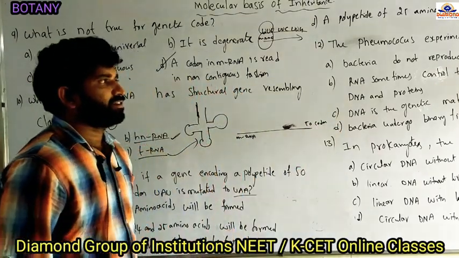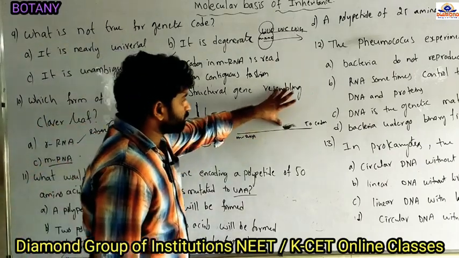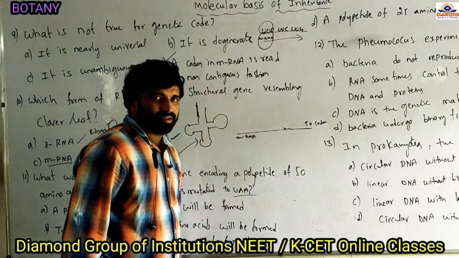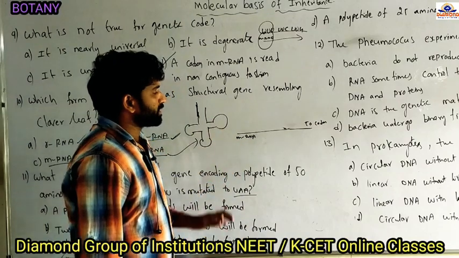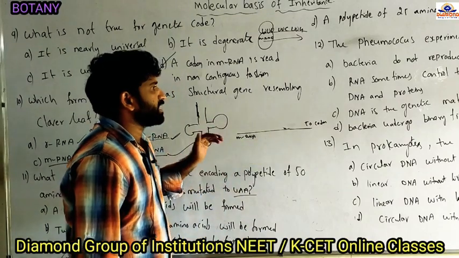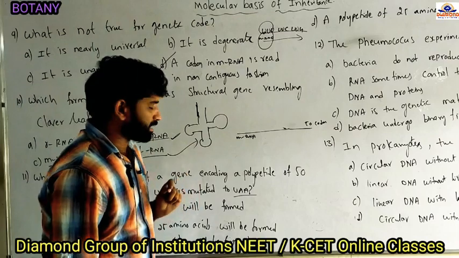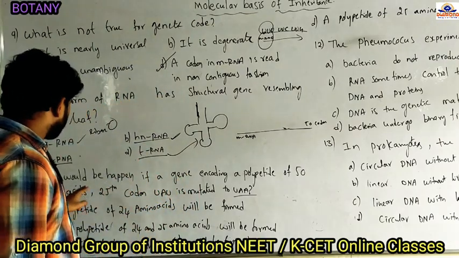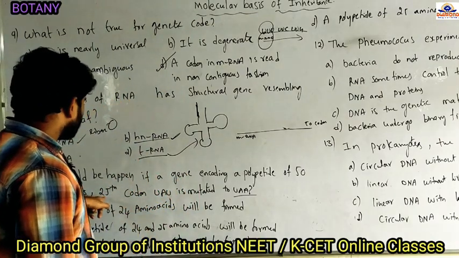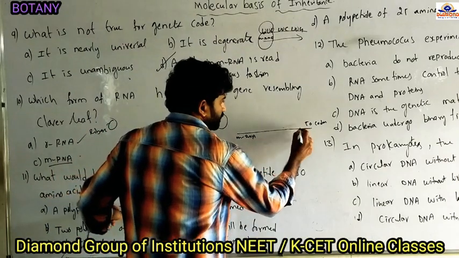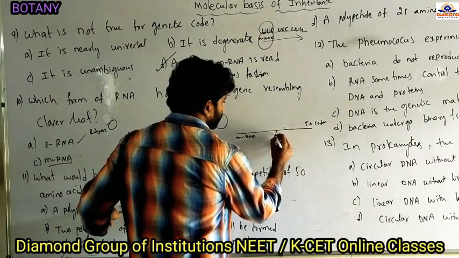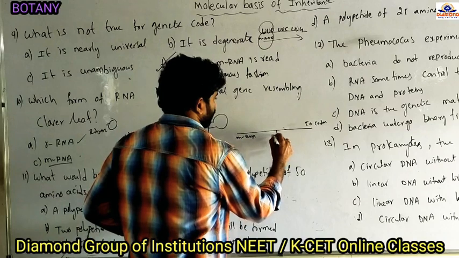Each one of these 50 codons encodes one amino acid. This mRNA is involved in the translation mechanism. The 25th codon is present in the form of UAU.